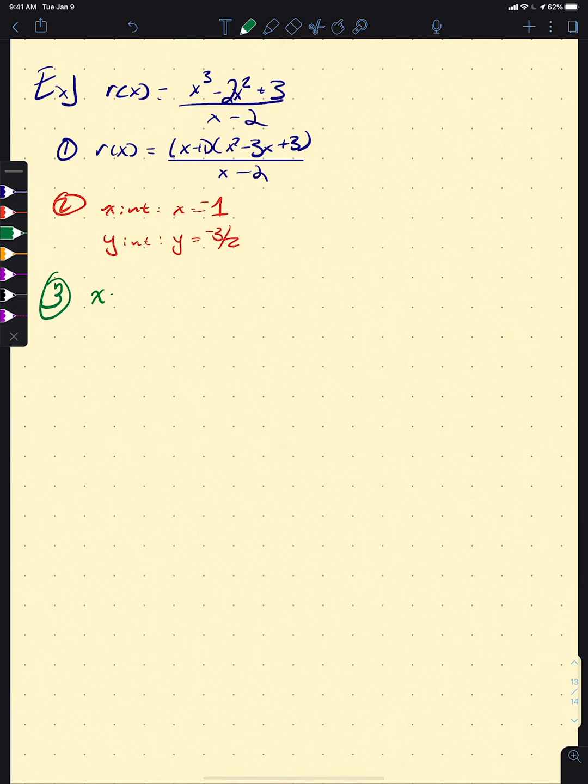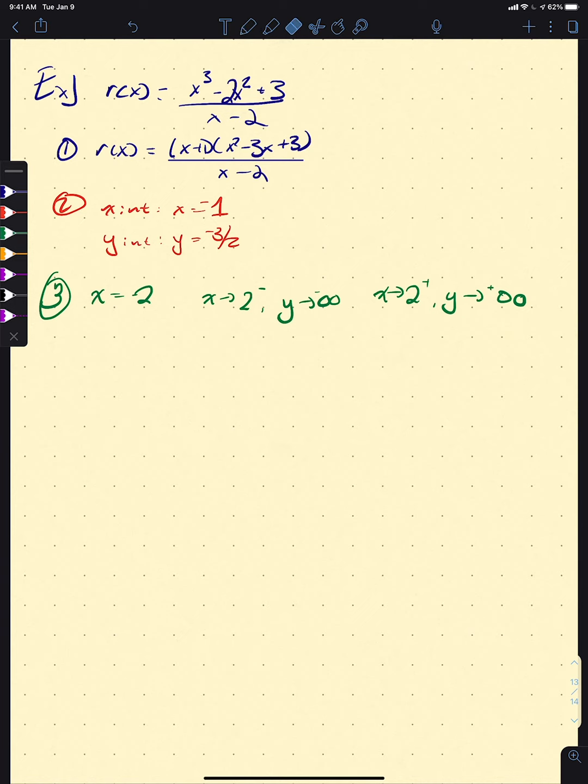We have a vertical asymptote at x equals 2. And as x goes to 2 from the left, I'm just going to tell you on this one so you don't need to work out the signs for yourself. We have y goes to negative infinity, and as x goes to 2 from the right, we have y goes to positive infinity.